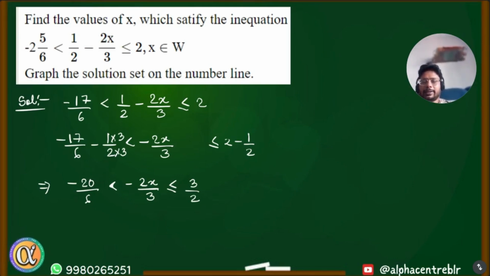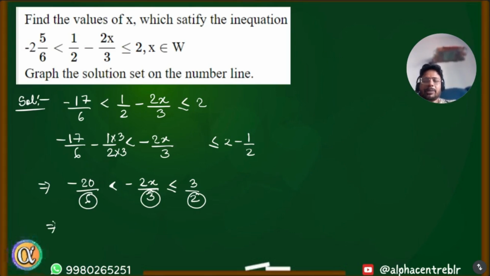Next, can you see all these terms have denominators 6, 3 and 2 respectively, and 6 is clearly the LCM of 3 and 2, so we can multiply throughout by 6. That would eliminate all the denominators.